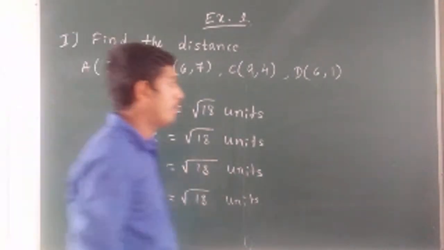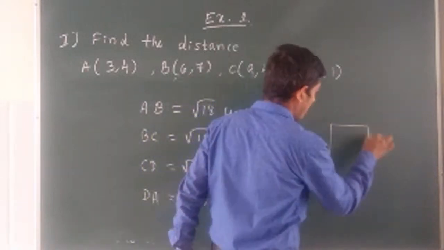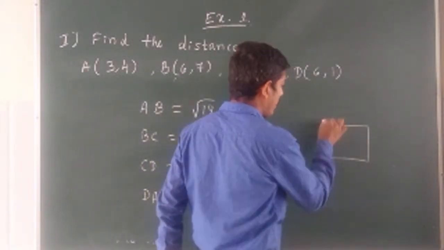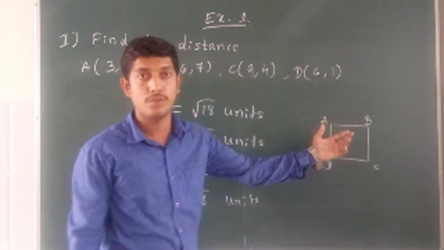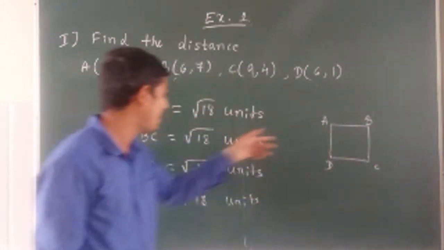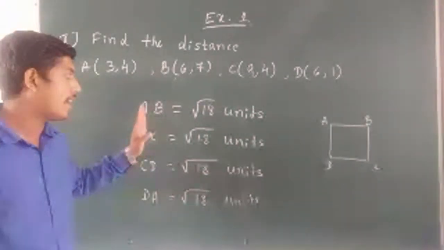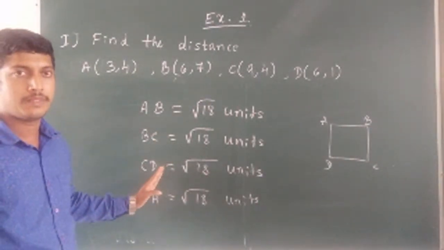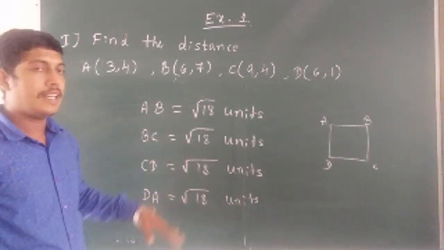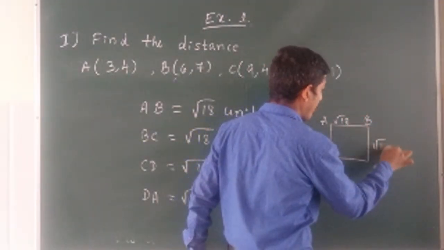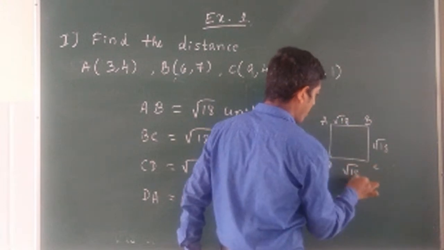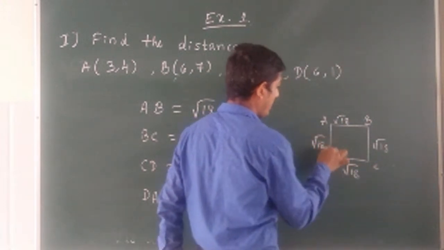So we know the properties of a square. If we consider this as one square ABCD, now we found the values AB, BC, CD and DA are all equal to square root of 18. When all the sides are equal, this is square root of 18, square root of 18, square root of 18, square root of 18.